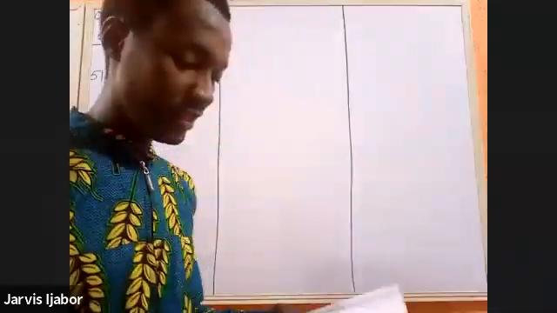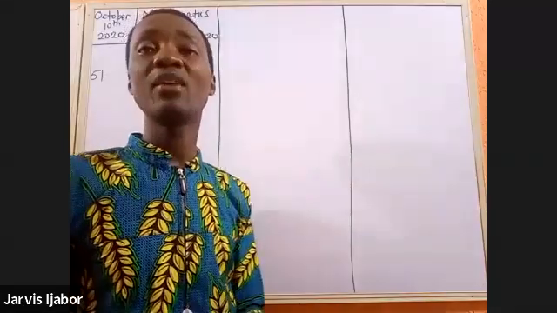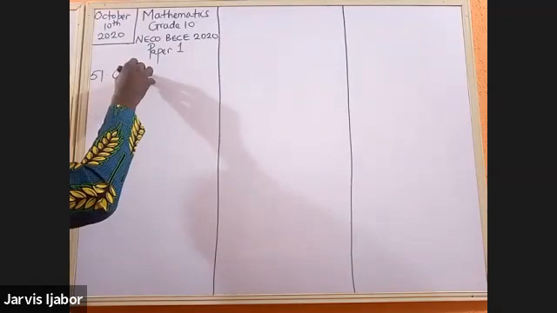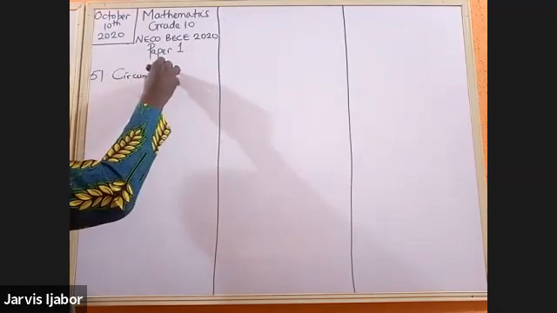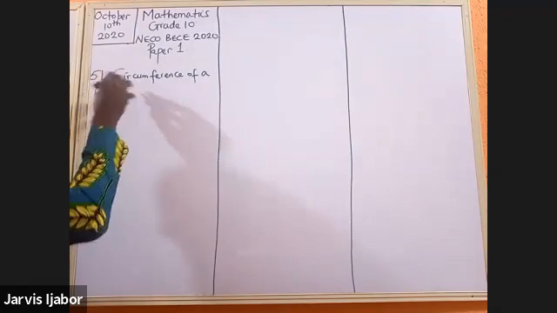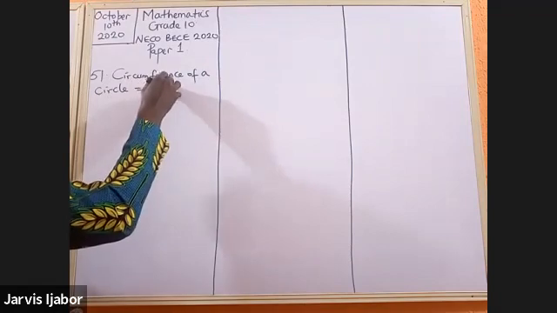But having said that, we'll go straight to the questions for today, and we'll kick off with question 51, which says that the circumference of a circle is given by the formula. So circumference of a circle is given by what formula? 2 pi r.